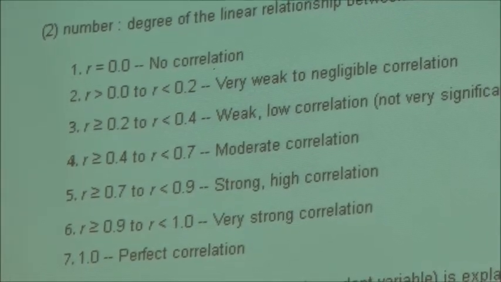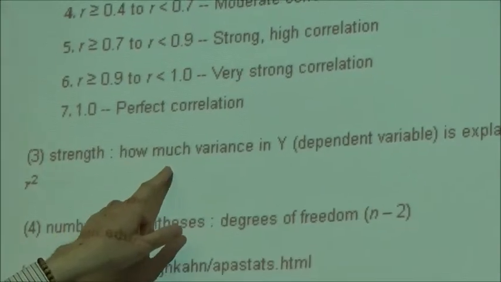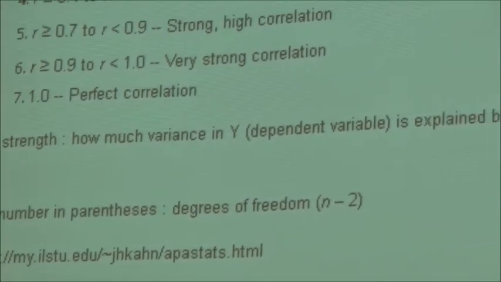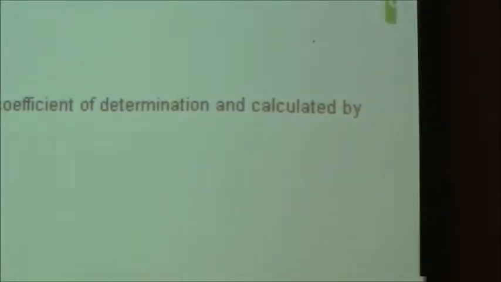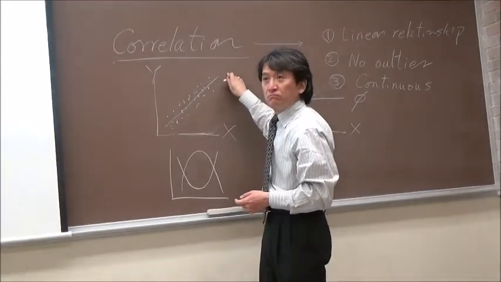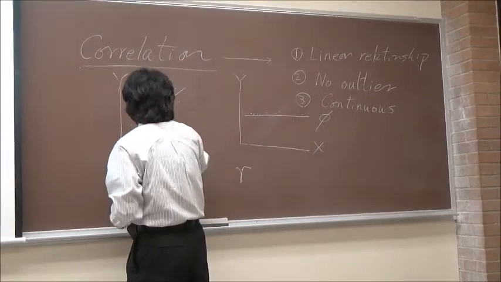Then there is something called strength. Strength is how much variance in y can be explained by x. Let me explain what it means. In this case, this is an imaginary line. With me so far? Variance means an error.